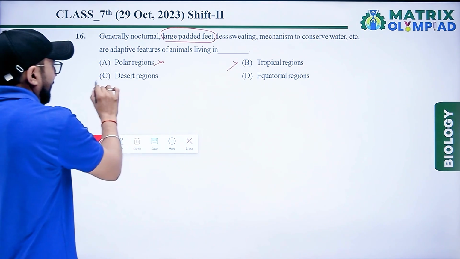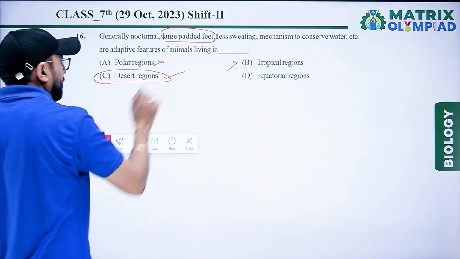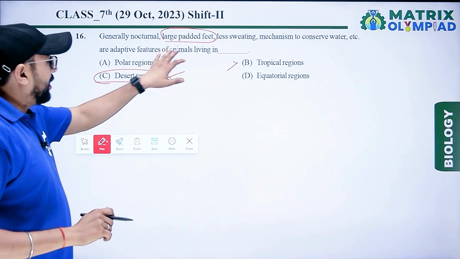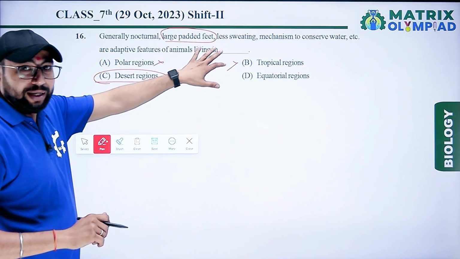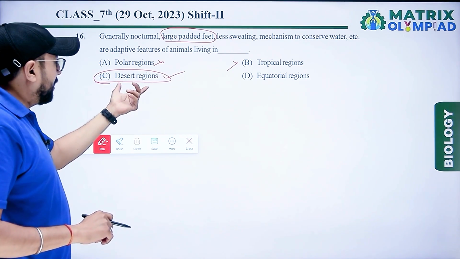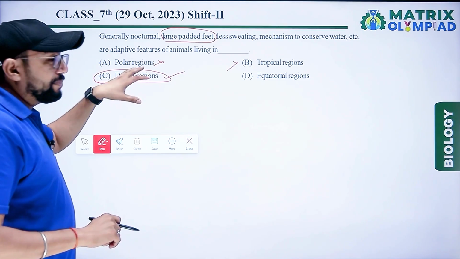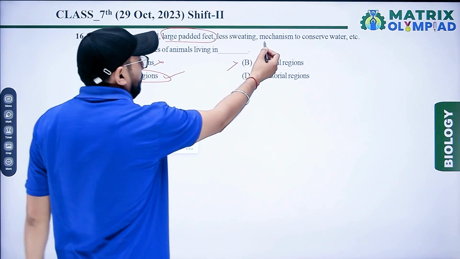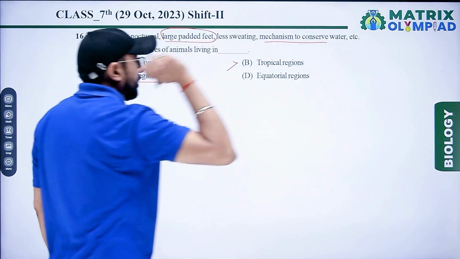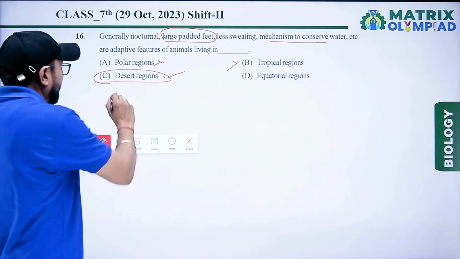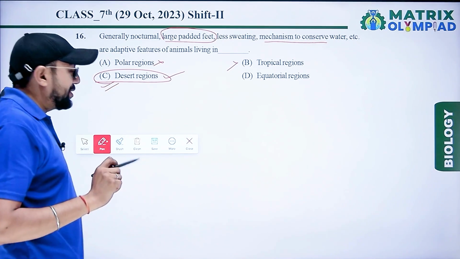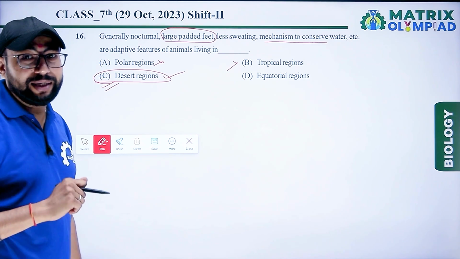No. Desert? Right. Large padded feet, less sweating, because there is less water, less sweating as a mechanism to conserve water. So desert region is the right answer for this condition.